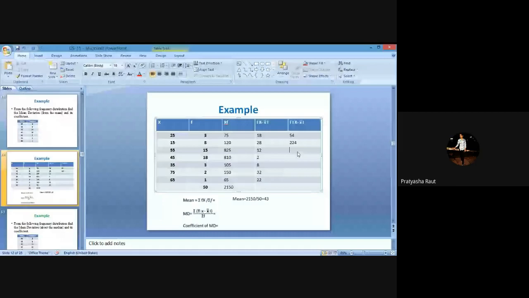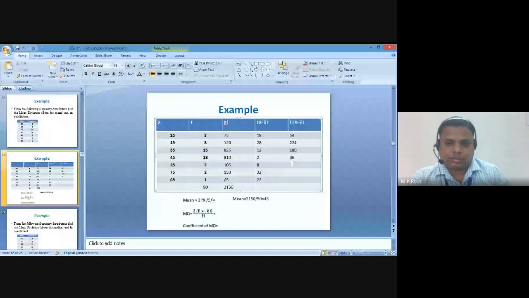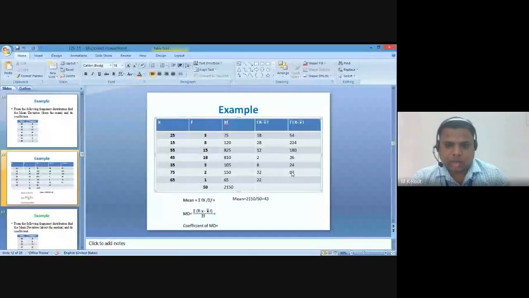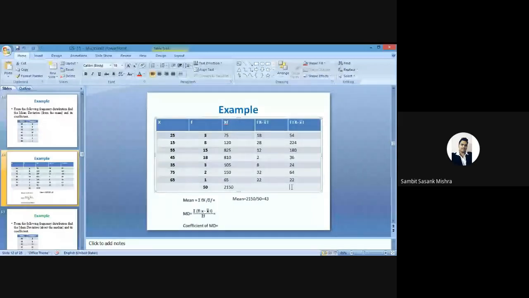The next one is 18 into 2. 36. The next one is 24. The next one is 64. And the last one is 22. Next, calculate the sum of this last column. 604.